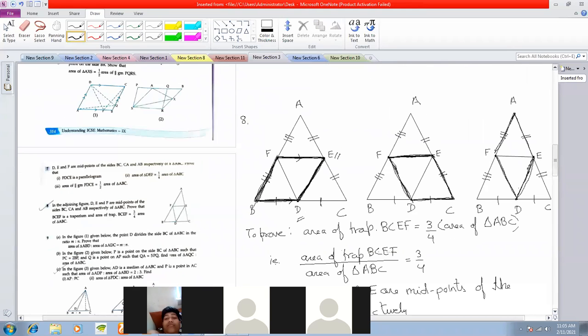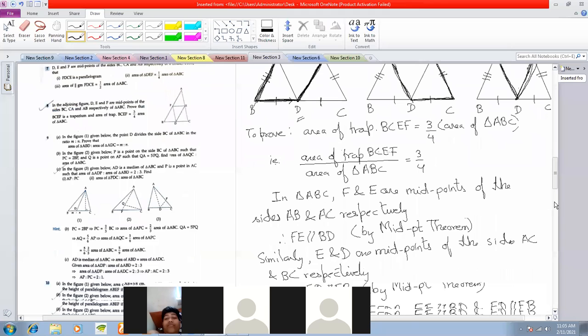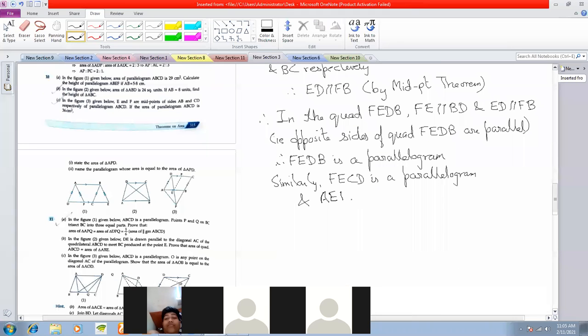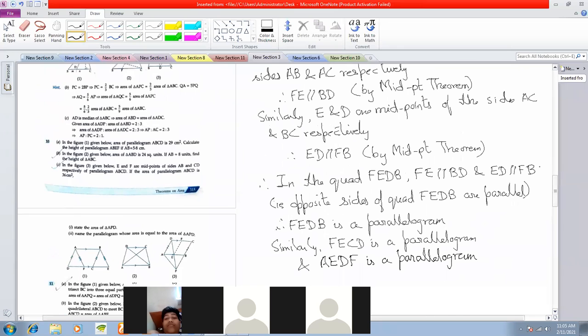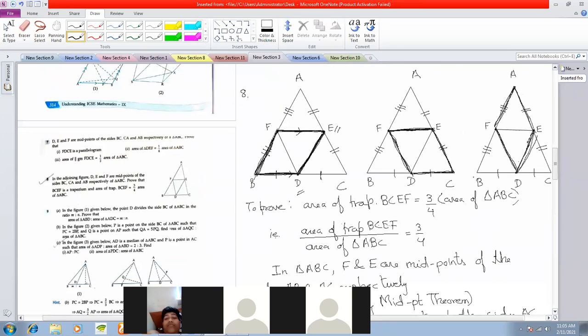This is also a parallelogram, that is AEDF. AEDF is a parallelogram. Okay, so we are getting three parallelograms in the same figure. I've drawn three figures so that you see all three parallelograms.